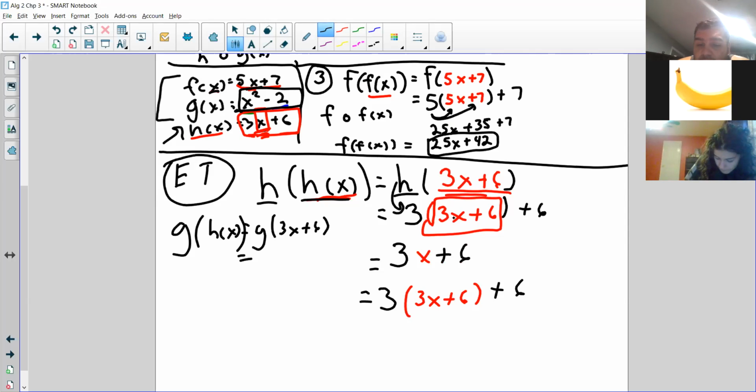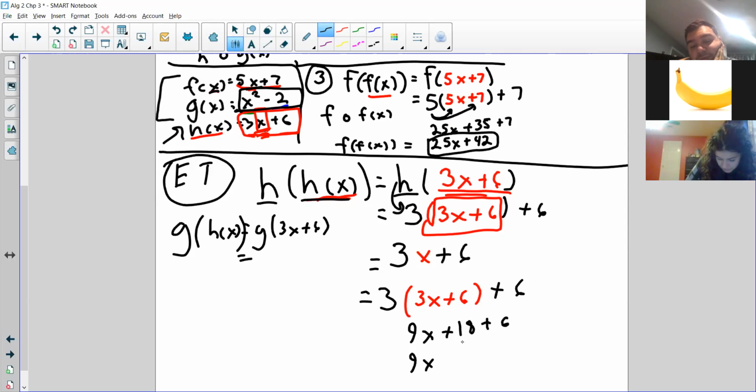So finish it off for me. 3 times 3x is 9x. 3 times 6 is 18, and plus 6. The 6 doesn't change. Can we combine any like terms? So you're saying it's just 9x plus 18 plus 6?